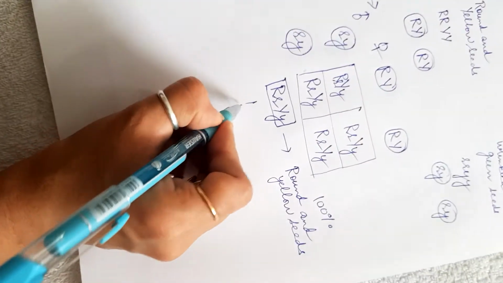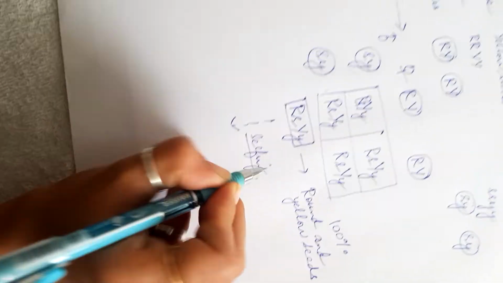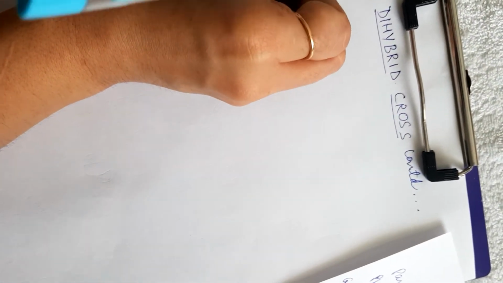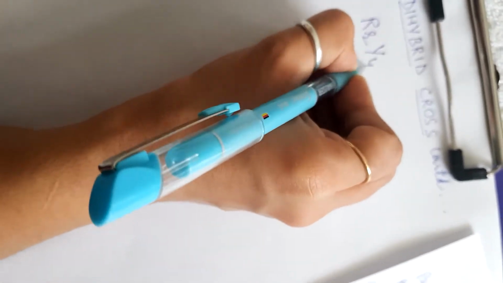Then we will go for selfing of this. Now when we go for selfing, the parents are the F1 offspring, capital R, small r, capital Y, small y, heterozygous for two different traits.